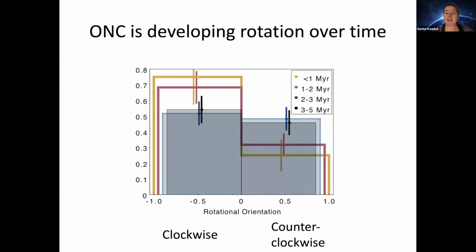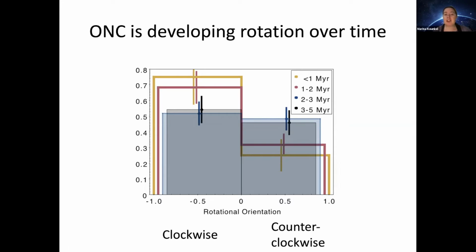And interestingly enough, there is some angular momentum evolution as a function of age. At the older ages, for the stars over 2 million years old, the stars that are moving clockwise are matched by the stars that are moving counterclockwise in numbers.